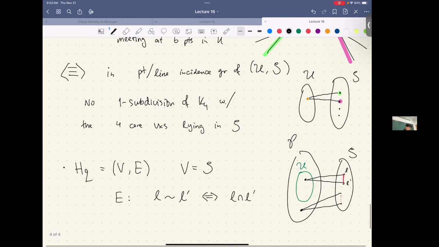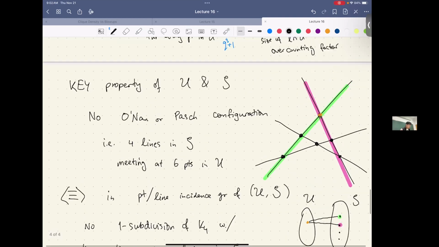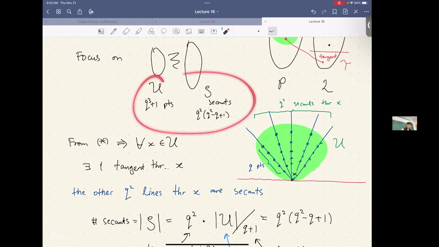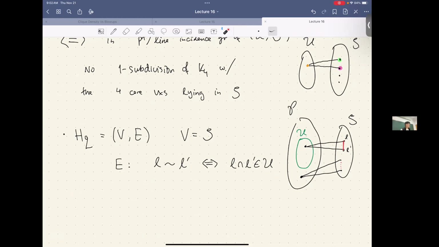Any question about the definition of HQ? That's it. Now we're going to translate all this previous property of unitals and secants into properties of this HQ. Those will be the properties that we listed last time. Any questions so far about the definition?